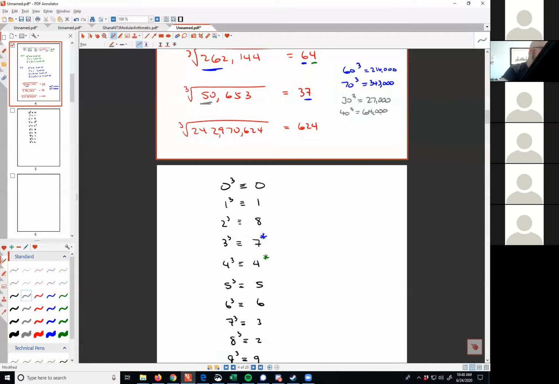So for the bigger one, a units digit of 4 for the cube told me that we had a units digit of 4 before cubing. And then we're at 242 million, which is bigger than 216 million, but less than 343 million.